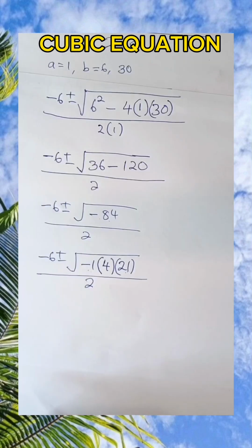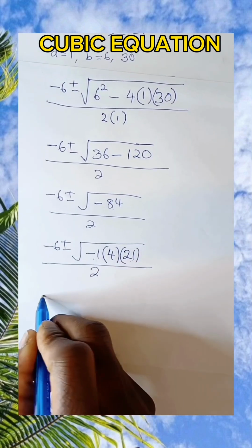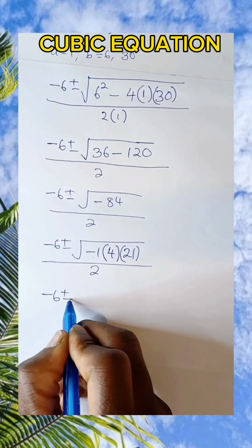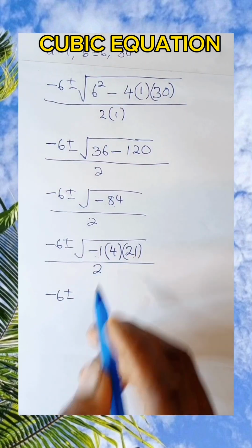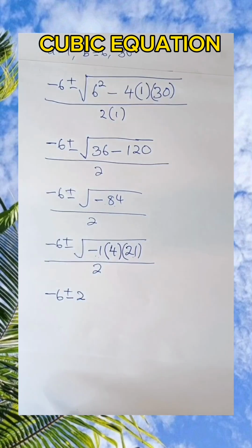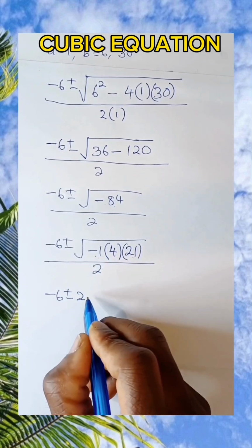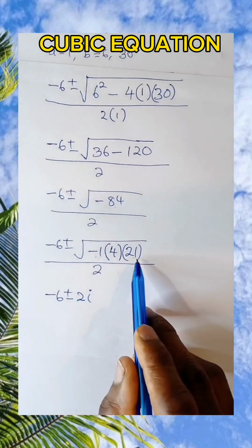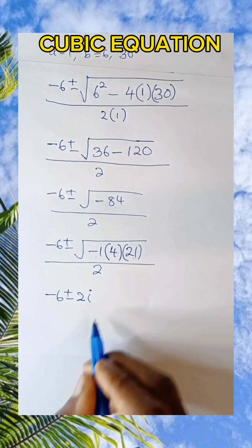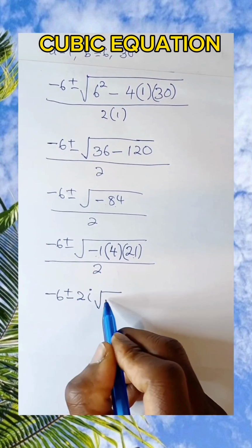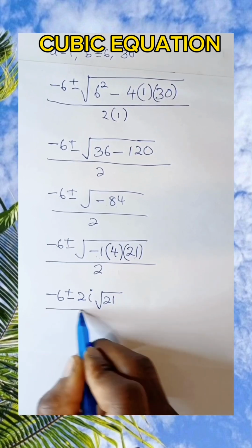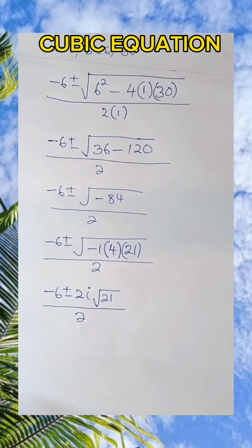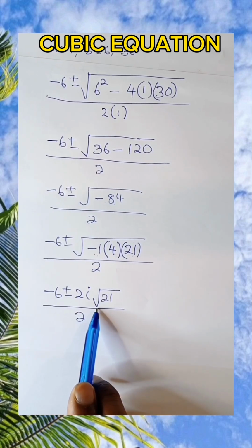All right. So we will have minus 6 plus minus. The square root of 4 will give us 2. The square root of minus 1 will give us i. We will be left with 21 in the radical, divided by 2. So we are going to have two values of x here.